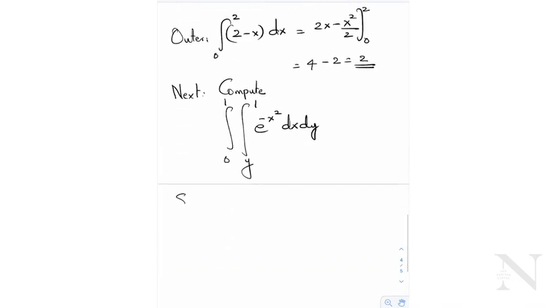Also sketch the region of integration, not the function, the region of integration, which is the region that explains the limits of the double integral.